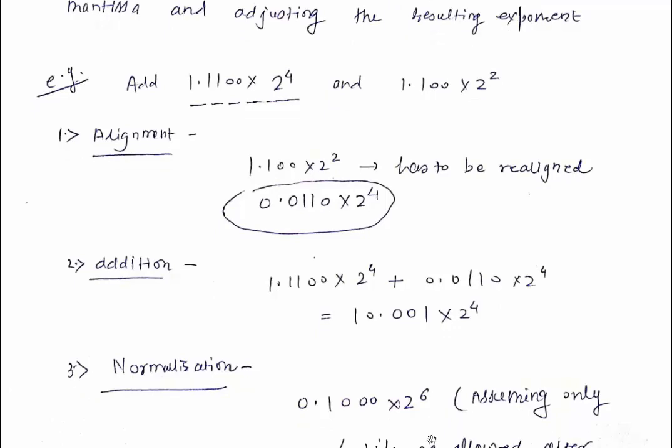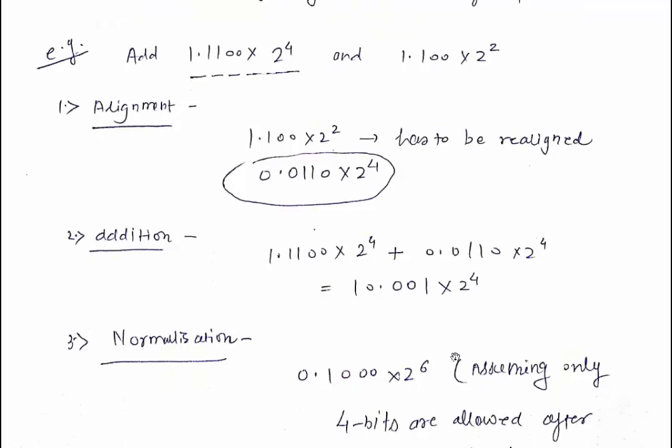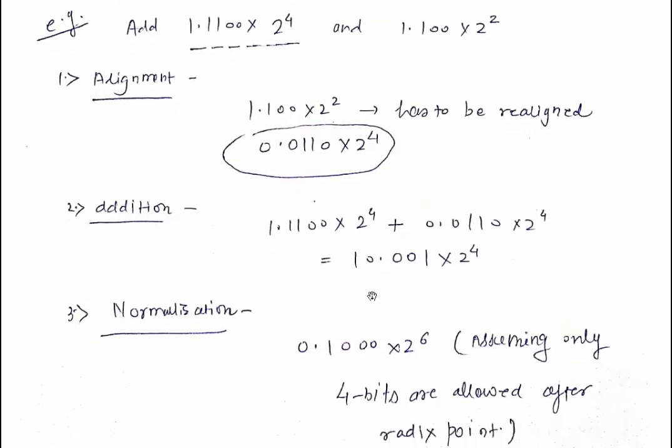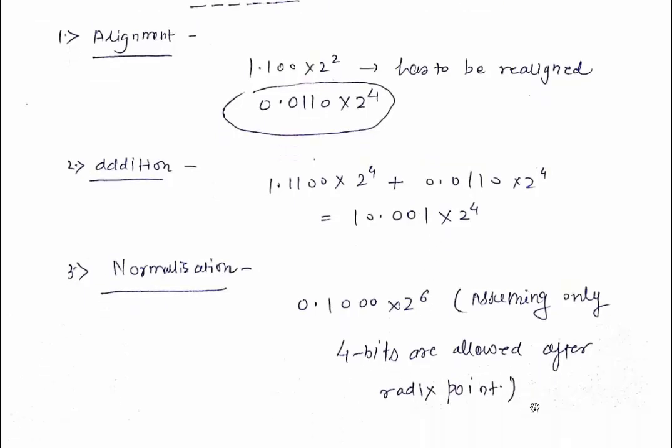So that means 0.100 into 2 raised to power 6. That is how you have normalized, and we have assumed that only 4 bits are allowed after the radix point. So if the answer is 10.001 into 2 raised to power 4, performing normalization gives 0.10001, and we have truncated this last bit because only 4 bits are allowed after the radix point.